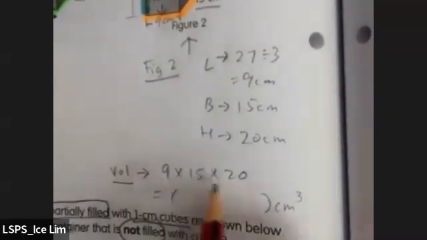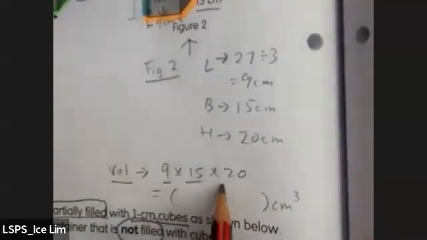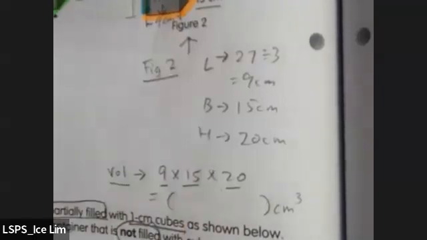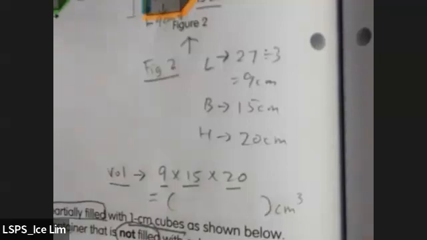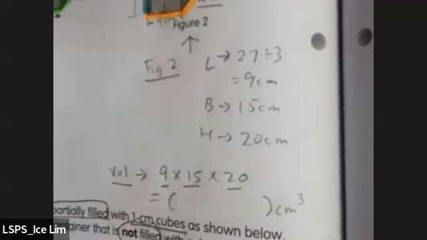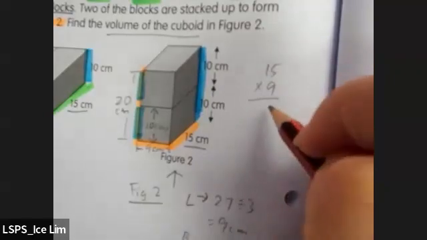So I can do 9 times 15 first or 9 times 20 first. I probably will do 9 times 15 first, then times 2 times 10, because times 2 is doubling. 2 times 10 is easier to remember. So let me do my working here, okay? 15 times 9, 5 times 9, 45.